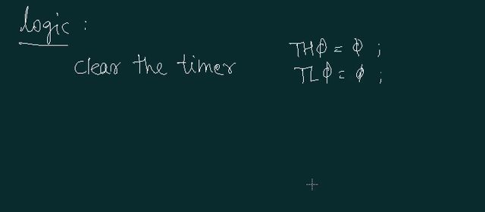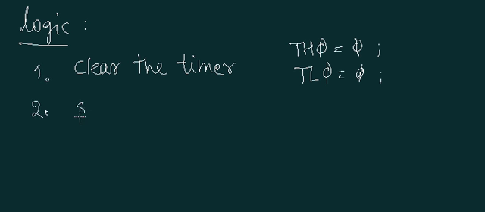But if you want to write in assembly language, you can write MOV TH0, #00 and MOV TL0, #00. Everybody understanding this? So, this is clearing some timer. You may use timer 1 also. Instead of TH0, you can write TH1 and TL1, right. So, the important step is clear timer.